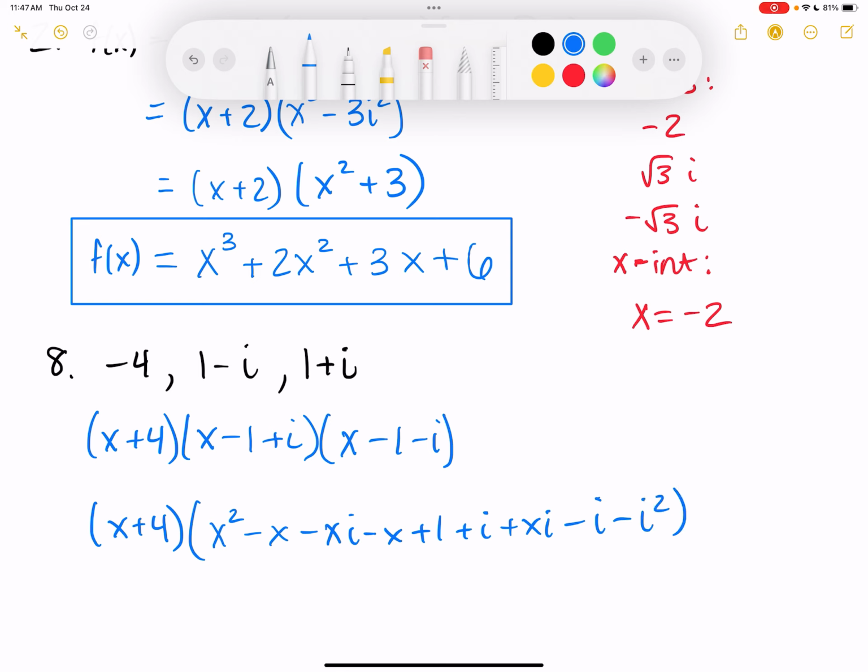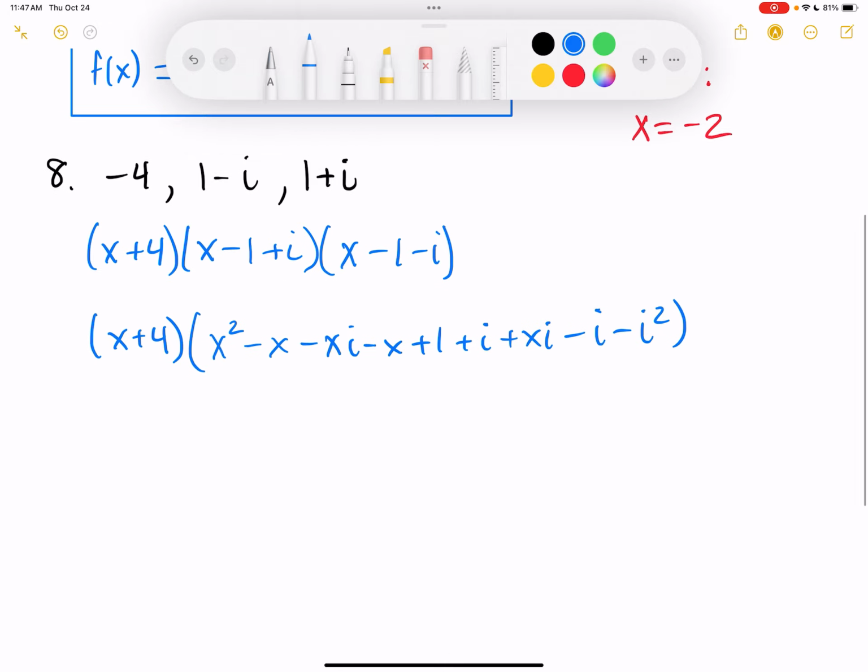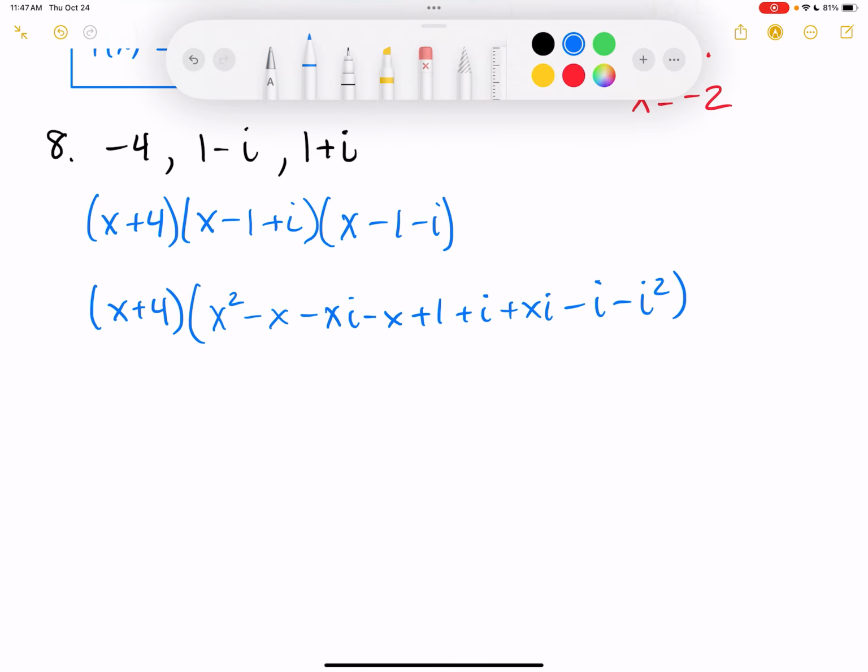So I just superFOILed that. So now I would go through and cancel things out. So I've got a minus xi and a plus xi, so I'd cancel those. I've got a plus i and a minus i, I would cancel those. How can I rewrite this negative i squared? Yep, so plus 1.